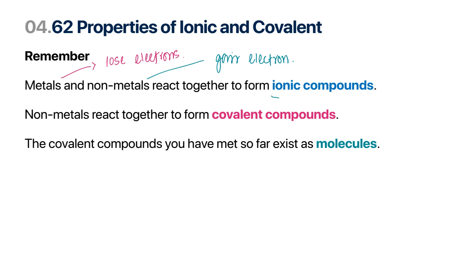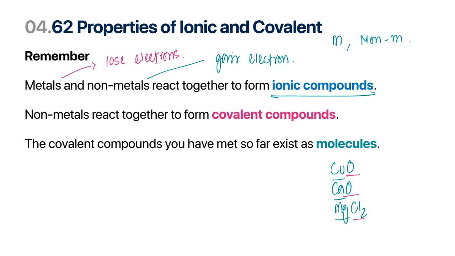That's how you recognize ionic compounds. If it's a metal with a non-metal, that's an ionic compound, like copper oxide, calcium oxide, magnesium chloride, all metals with non-metals, right?